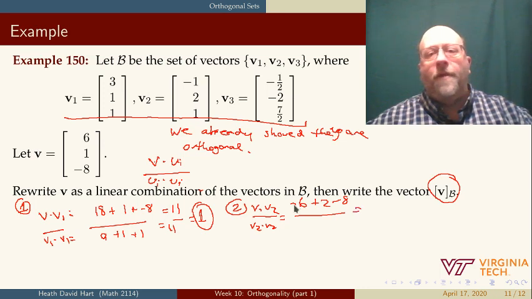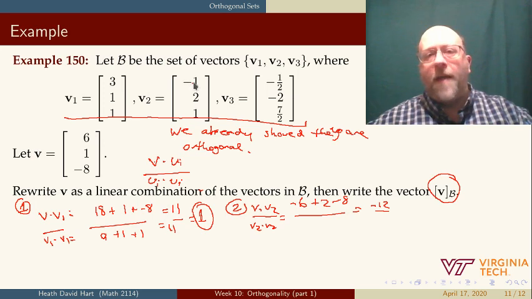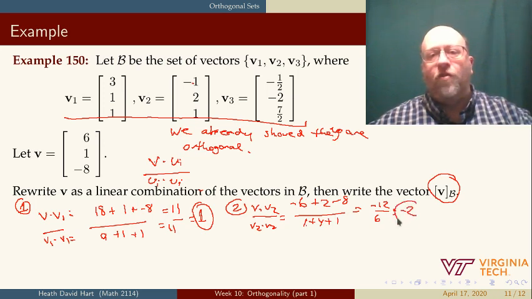And that's negative 14 plus 2 is negative 12. In the denominator, negative 1 times negative 1 is 1. 2 times 2 is 4. 1 times 1 is 1. 1 plus 4 plus 1 is 6. Negative 12 over 6 is negative 2. That's going to be the second coordinate.